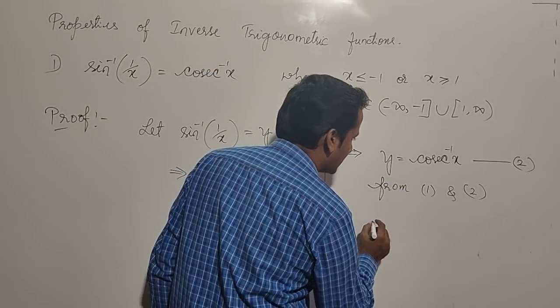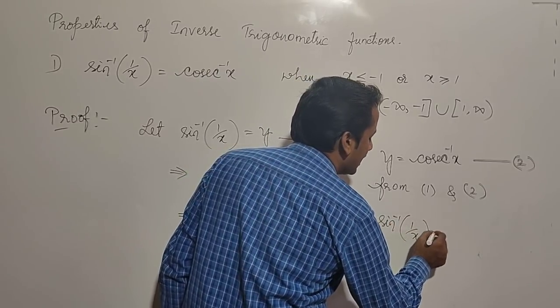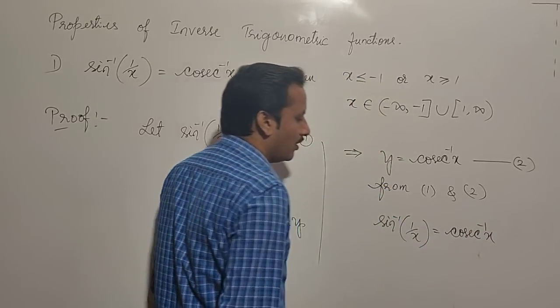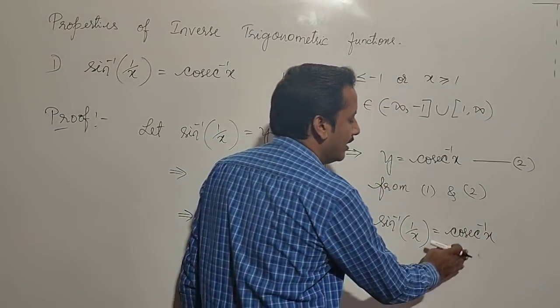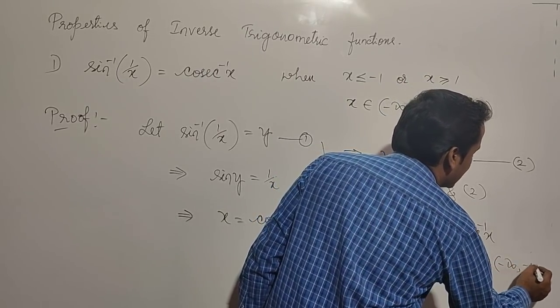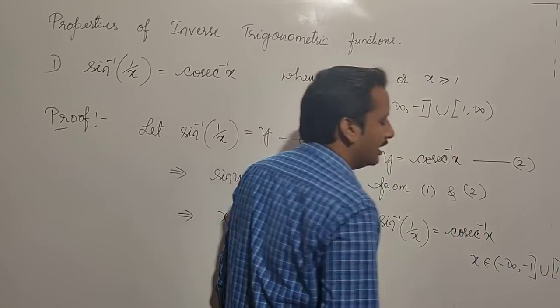So sine inverse of 1 by x is equal to cosecant inverse x. This result is valid only when x lies in the interval minus infinity to -1 union 1 to infinity.